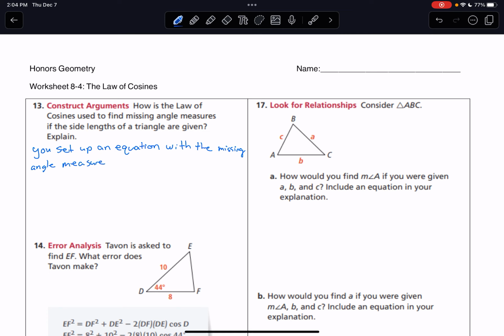And then solve the equation for the cosine of the missing angle.